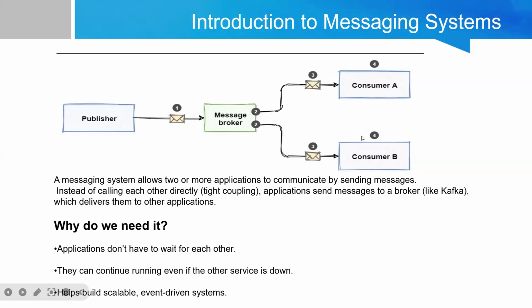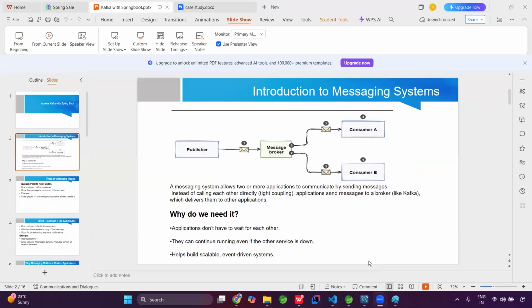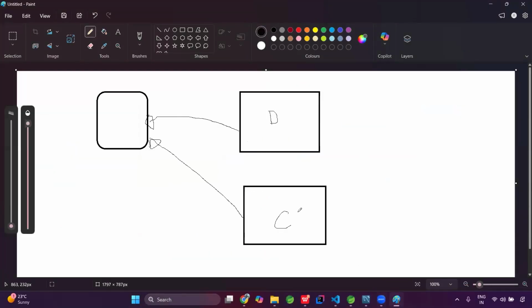Now, when it comes to the problem we had earlier, imagine if we use Kafka in our case, with the customer and delivery agent. Here we have a producer and consumer, so you don't need to do any read and write operations.